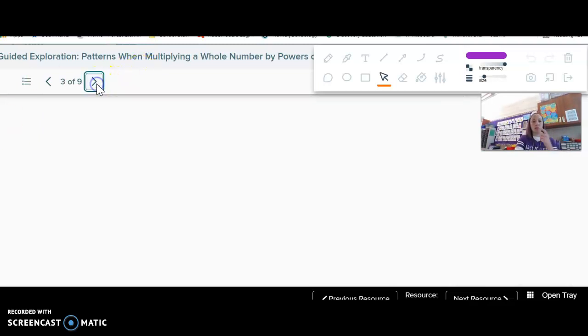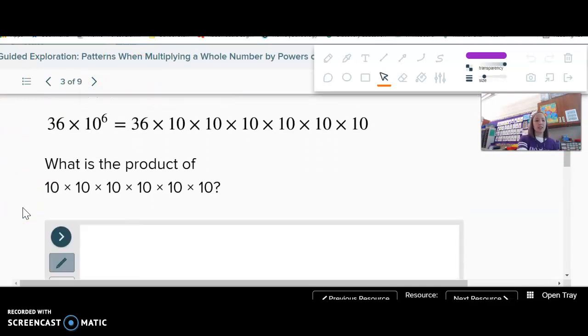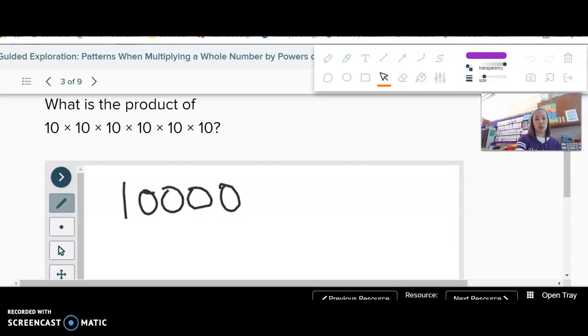Now, what is 10 to the 6th power? What number do all those 10s end up being? Well, like we talked about last time, I can count and say, okay, I have 6 10s. That means I'm going to have a 1 with 6 zeros. 1, 2, 3, yeah, that's 6 zeros.